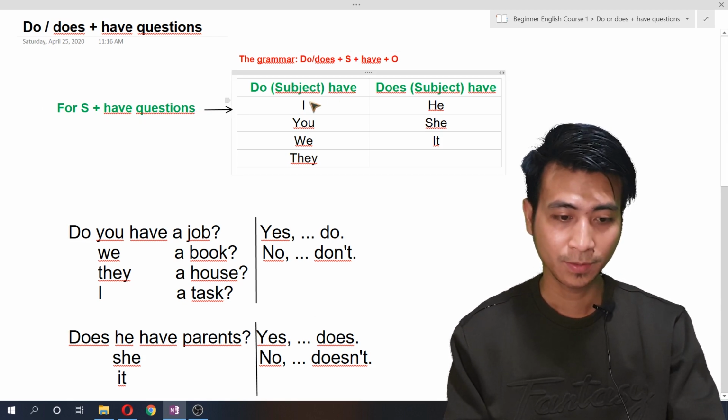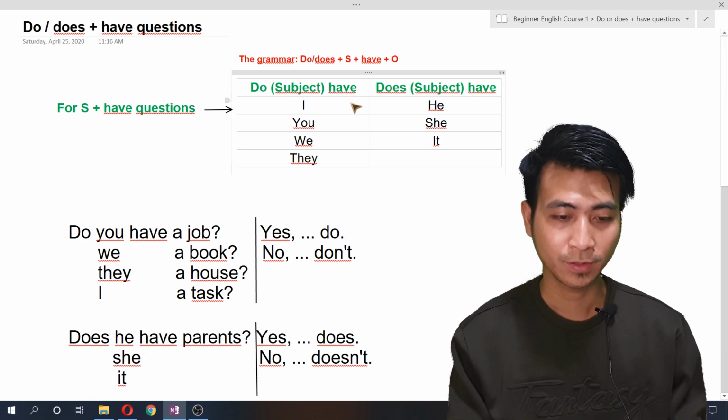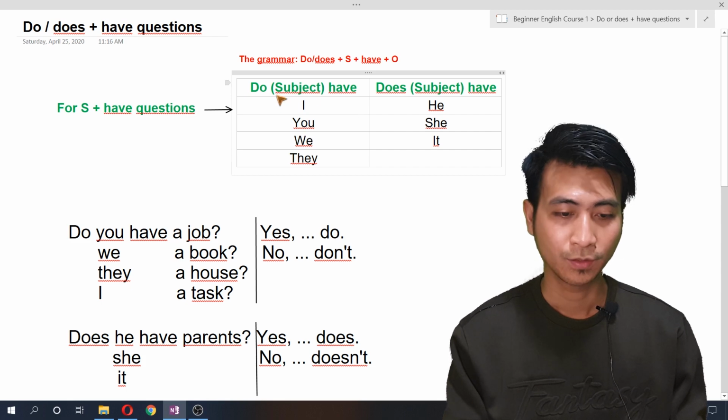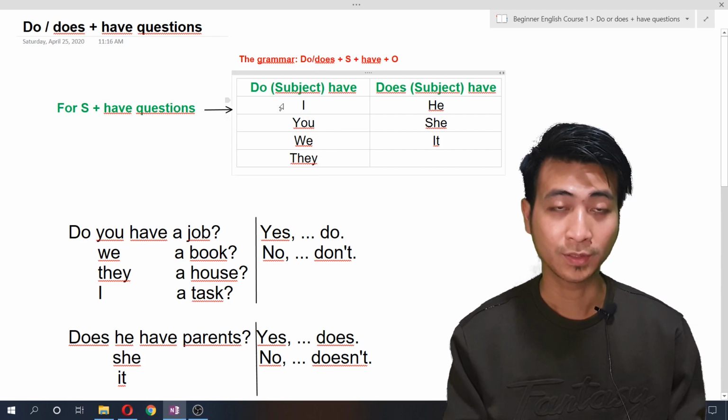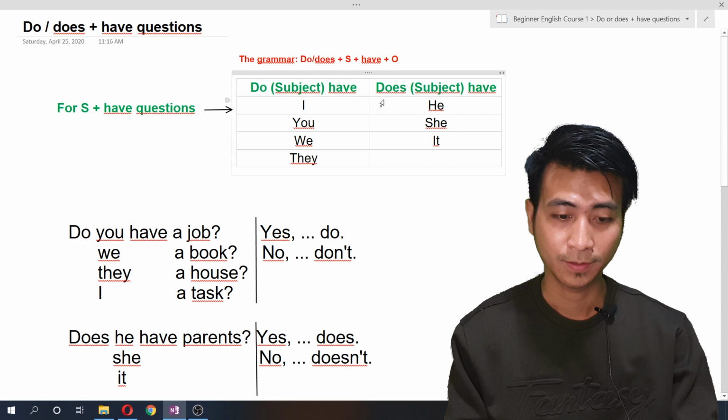Here there is a table, and you have to know the differences between all of these subjects. We use do for the subjects I, you, we, they. We cannot use these subjects with does, so we have to use do in an interrogative sentence.